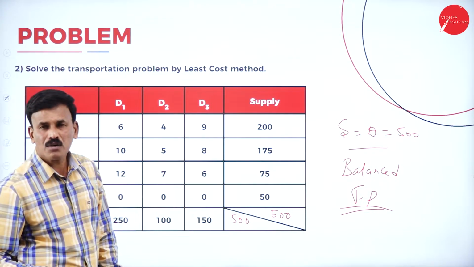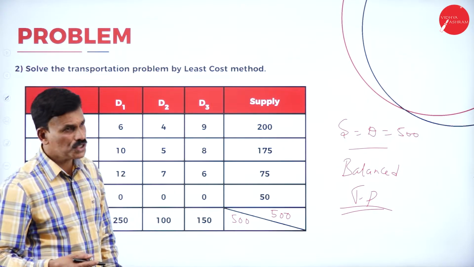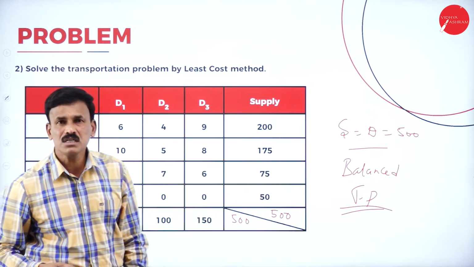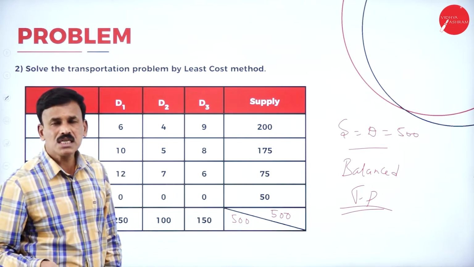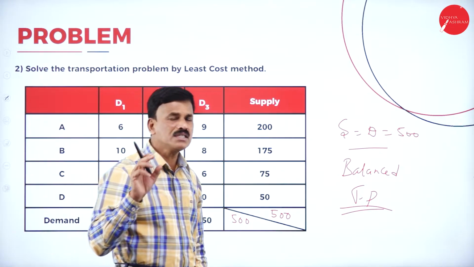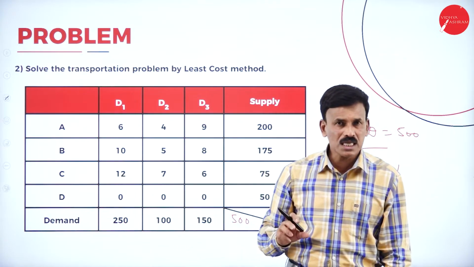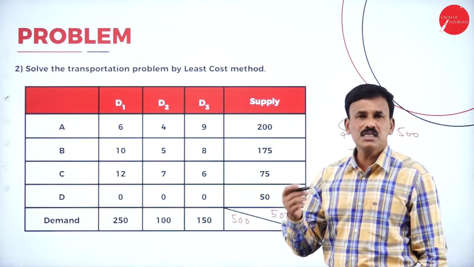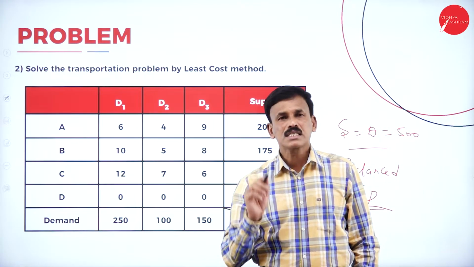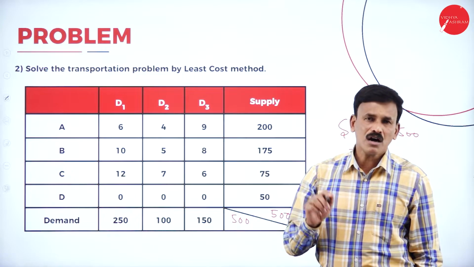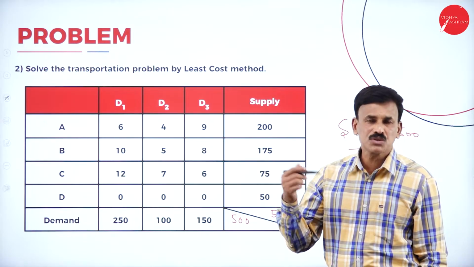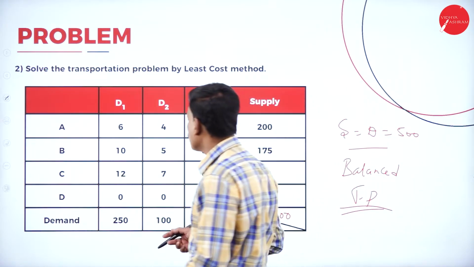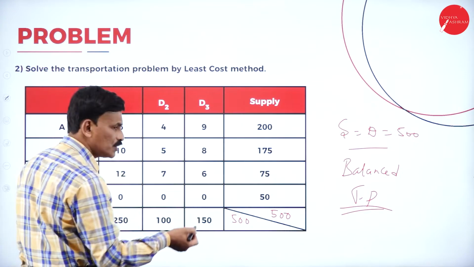Now, we can apply the step-by-step procedure to solve using the least cost method. So, what is the least cost method? Just identify the least value in the cell, and for that particular cell, find out the least value in supply and the demand. Allocate the least value and just go on doing that. That's it. Now, I will go to the next page.